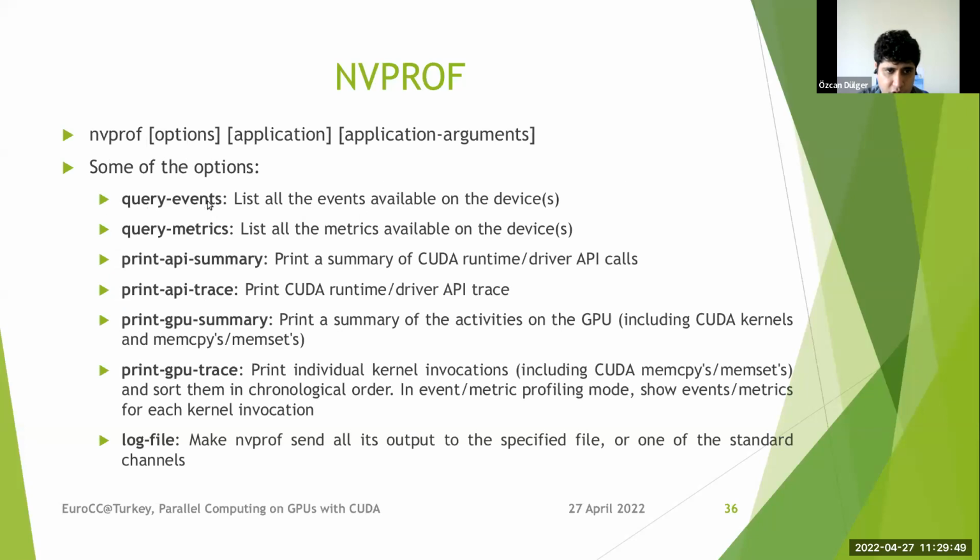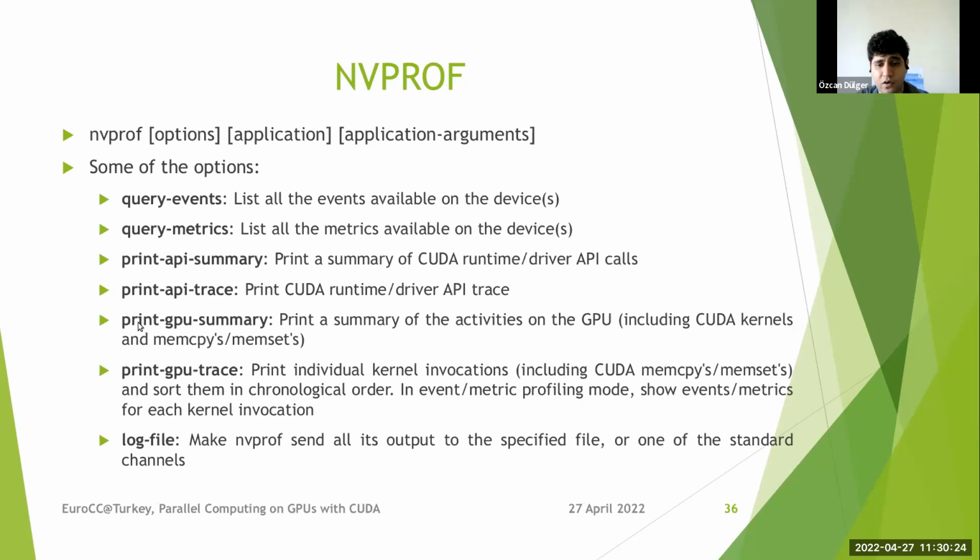The first one is query events. This option helps us list all the events available on the device, and query metrics helps us list all the metrics available on the device. Another option is print API summary, which prints a summary of CUDA runtime or driver API calls, and print API trace prints the CUDA runtime and driver API trace. I will show you examples about them. Another option is print GPU summary.